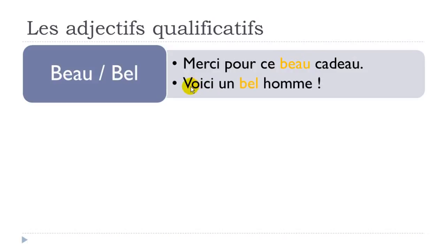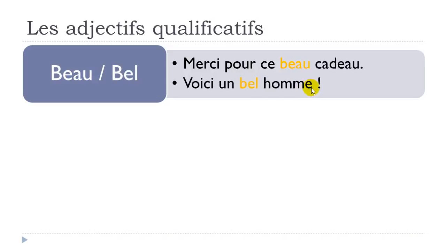In the second example here, voici un bel homme. You could ask me the question, why do you put this bel form instead of beau? Because homme is masculine, yes.